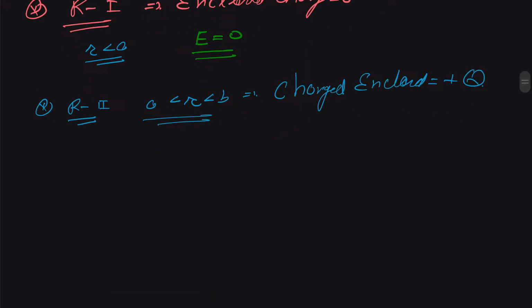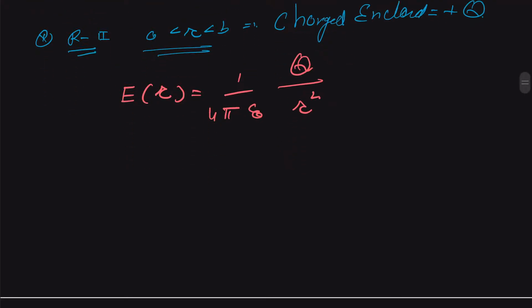Therefore we can write that the value of electric field at a distance r will be equal to 1 upon 4 pi epsilon naught, and this comes as q upon r square.